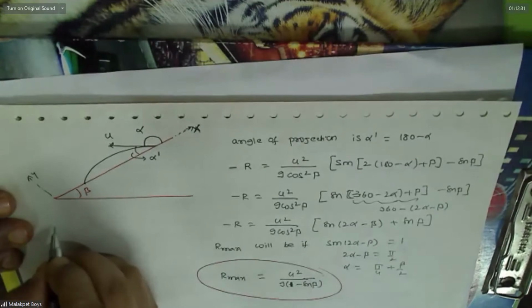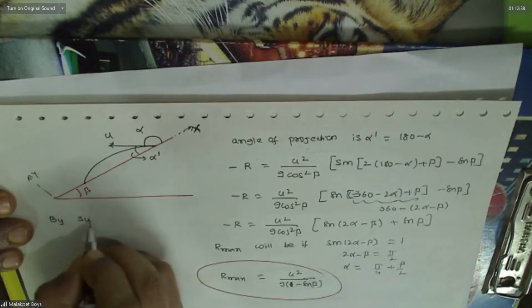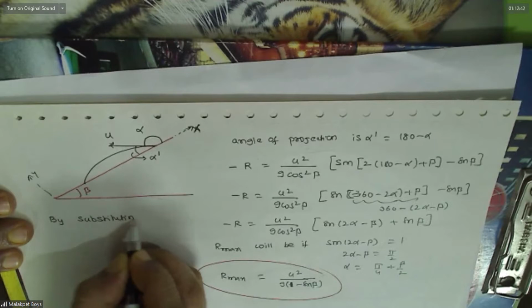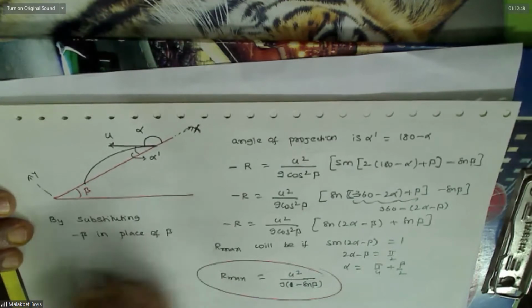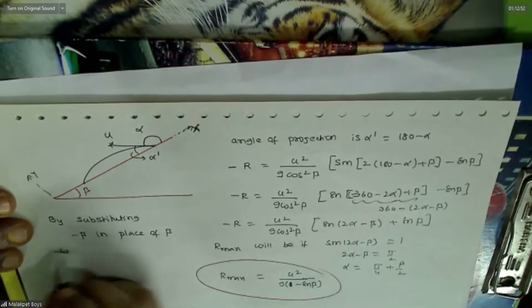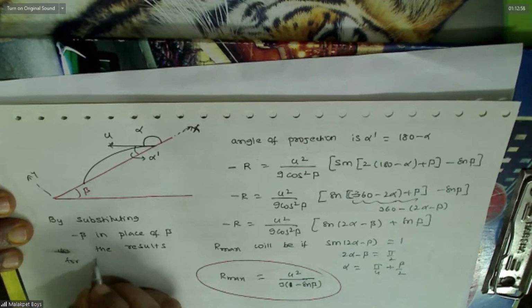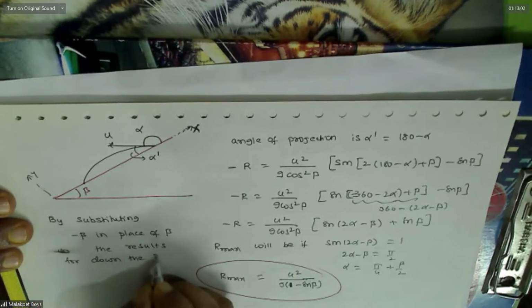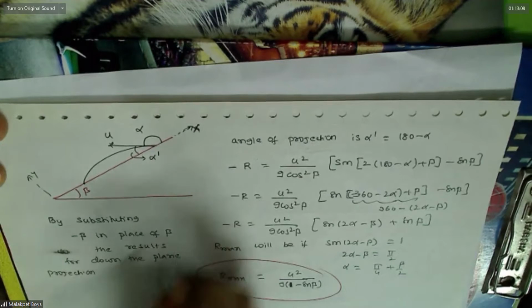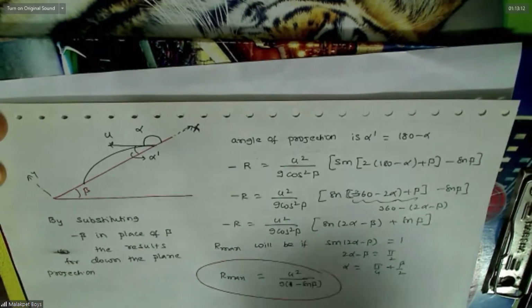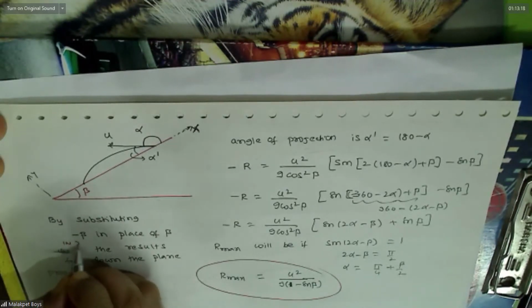Now you can see range by substituting minus beta in place of beta in results for up the plane.